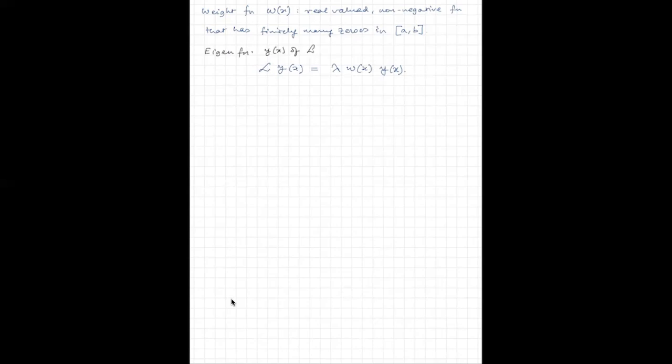Given an eigenfunction y, we can always find a corresponding eigenfunction of weight 1.